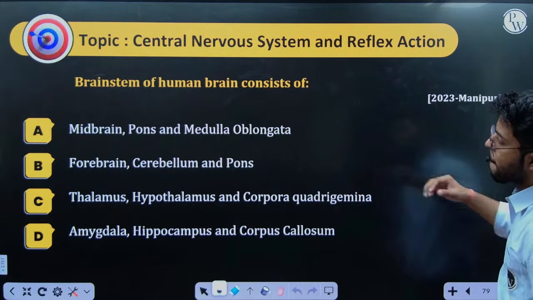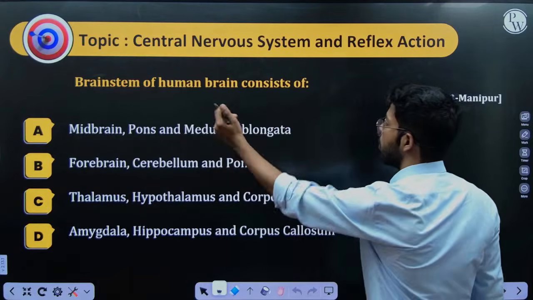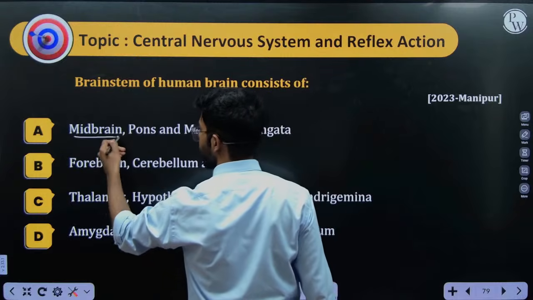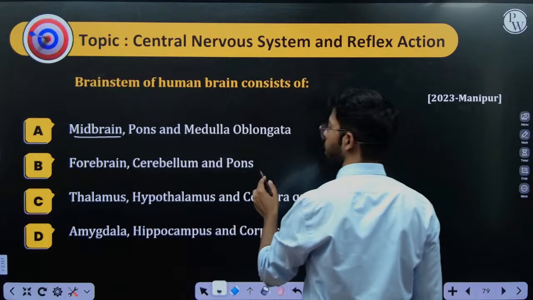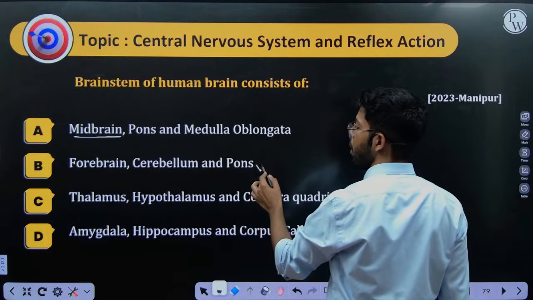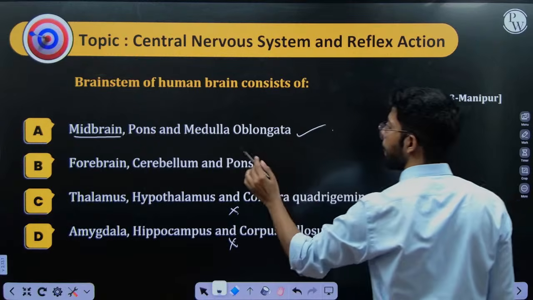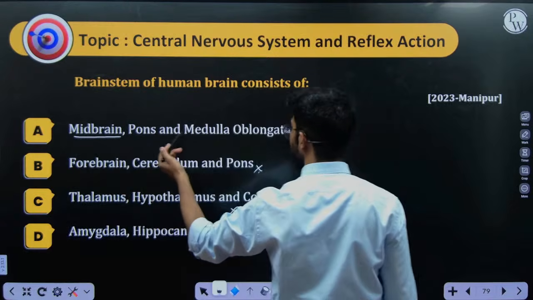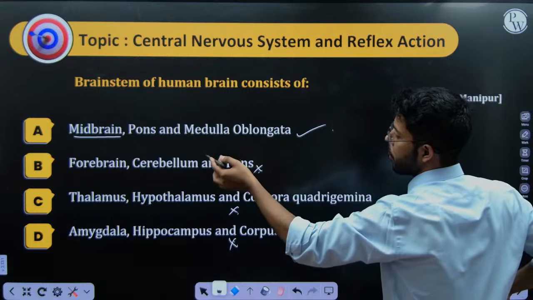Brainstem of the human brain consists of three regions. First, you have to see the midbrain, and there is no option other than A which has midbrain. So our answer is A. After seeing the midbrain, you can easily tick option A.